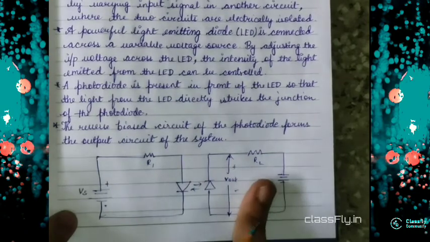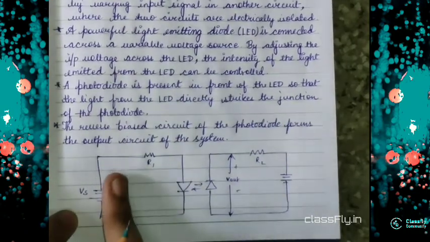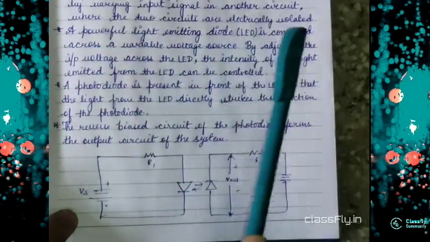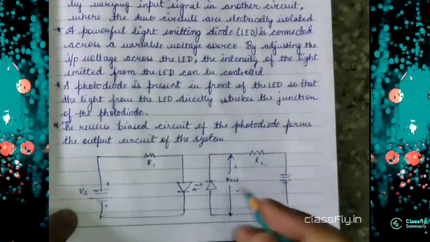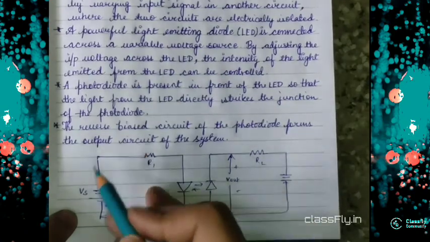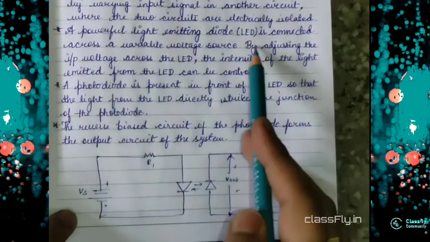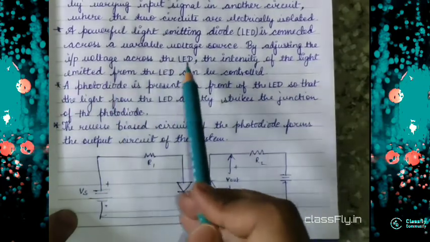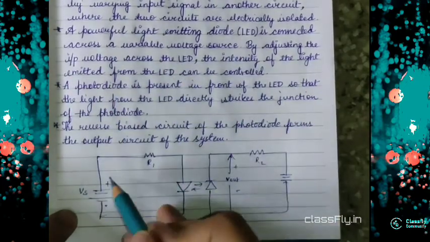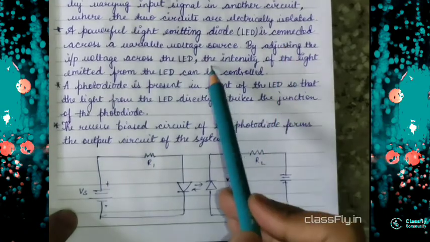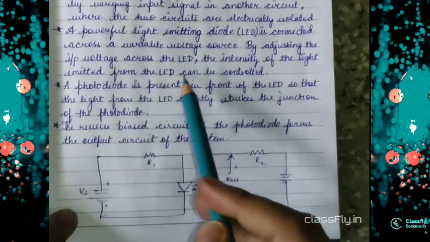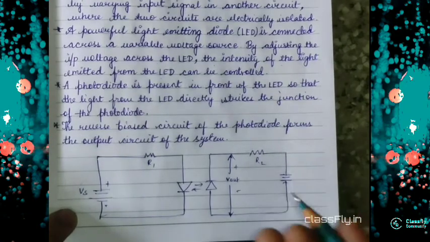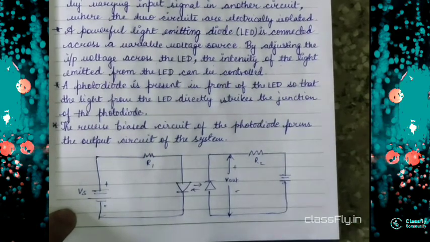So the output signal depends on the varying input signal. A powerful light emitting diode is connected across a varying voltage source. By adjusting the input voltage across the LED, the intensity of the light emitted from the LED can be controlled. So the intensity of the light which is transferred to the other junction can be controlled.